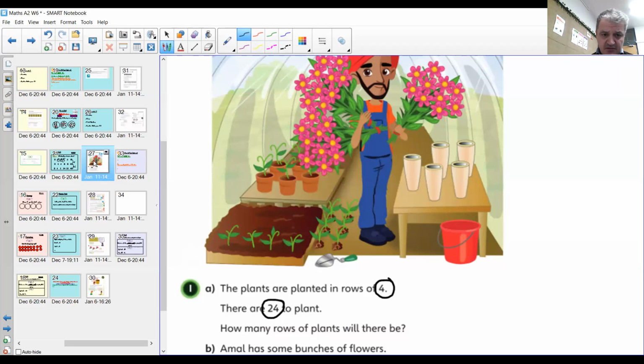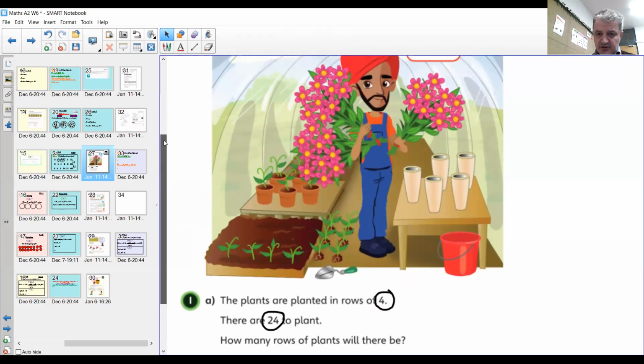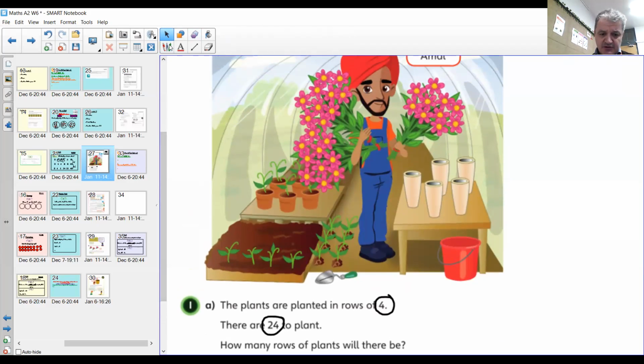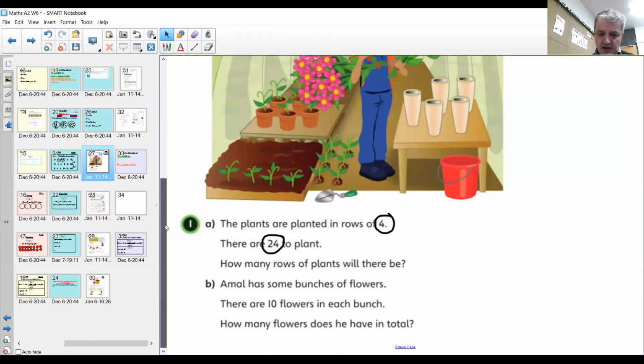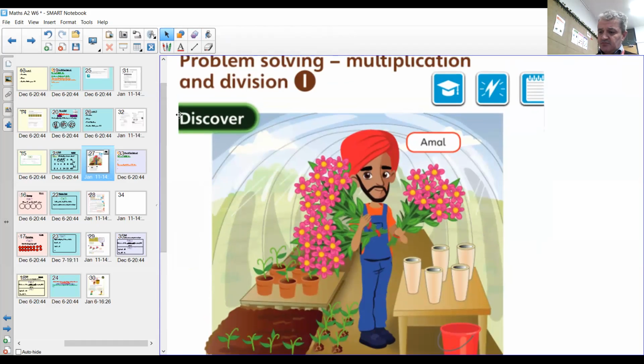Okay, let's have a look at the second question. So Amal has some bunches of flowers. There are 10 flowers in each bunch. We've got 10 flowers in each bunch. How many flowers does he have in total? Okay, so again, let's have a think.